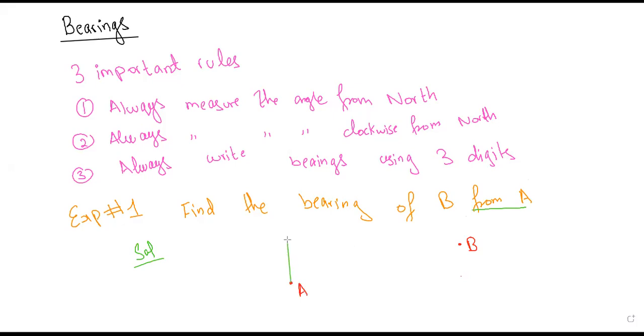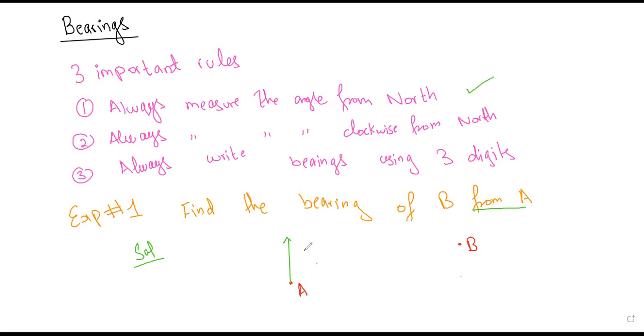Okay. So this is going to be a straight line that is going to indicate the north direction. So this is north. Okay. So always measure the angle from north.